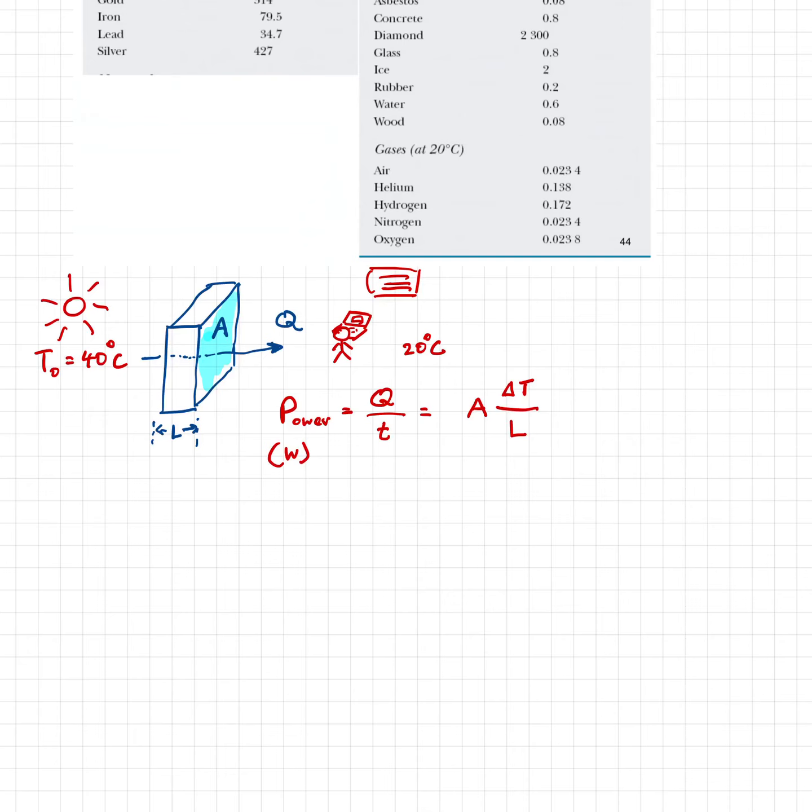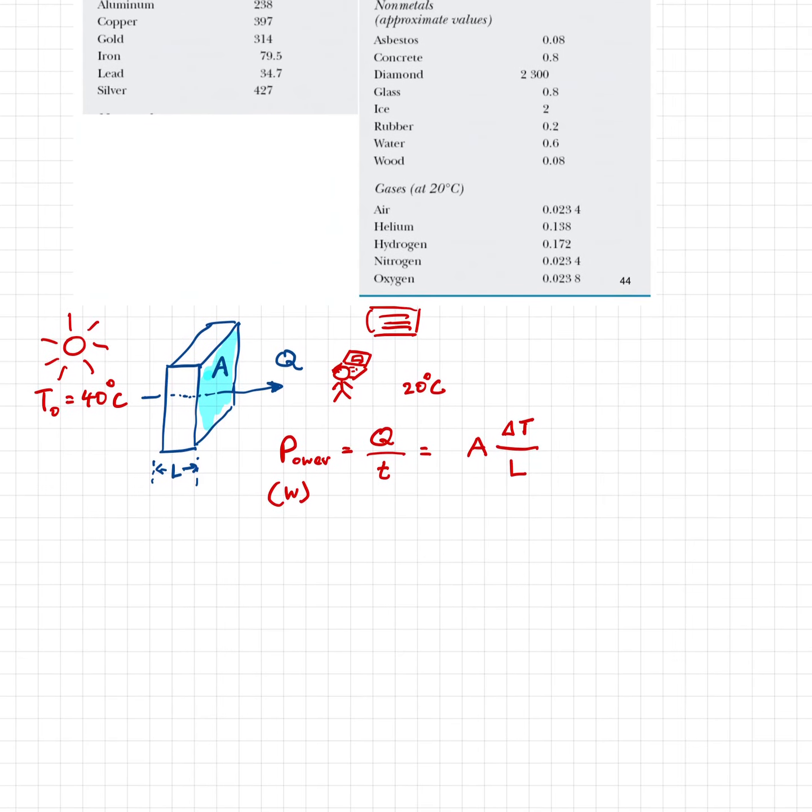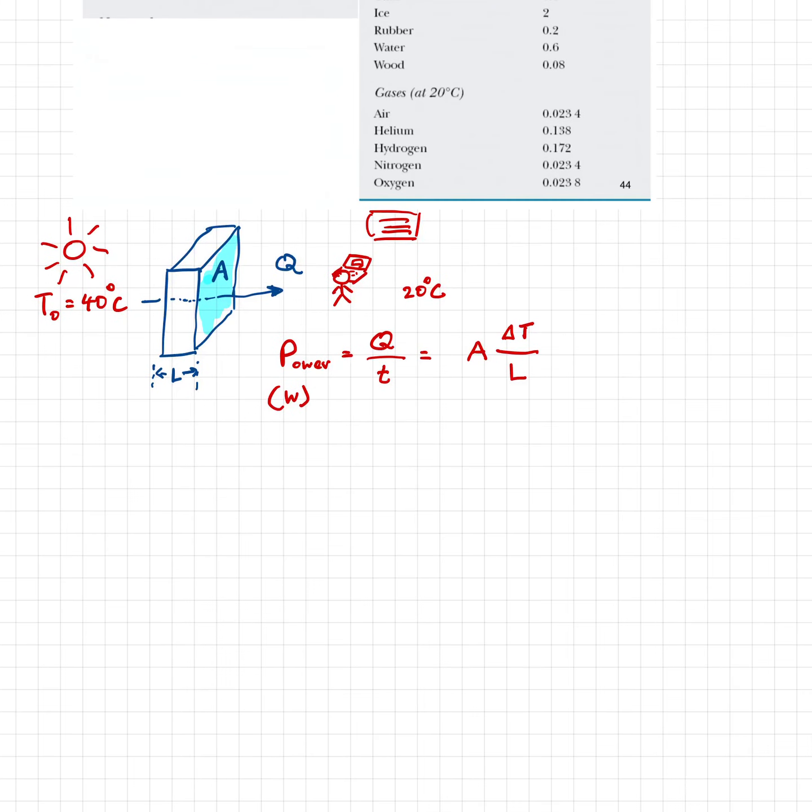Okay, so now different materials are going to have different ability to transfer heat, right? So in order to capture that, we put in a parameter here which is called K. K is what we call thermal conductivity.